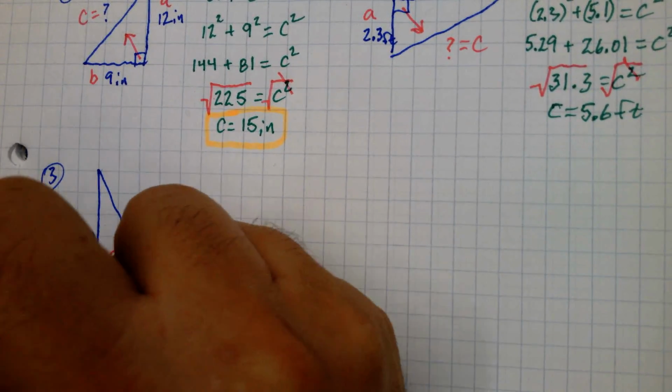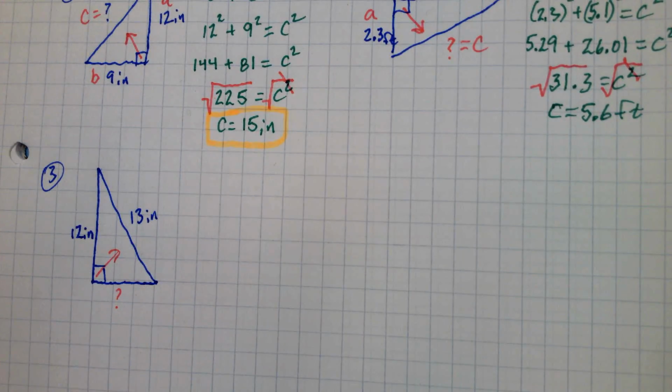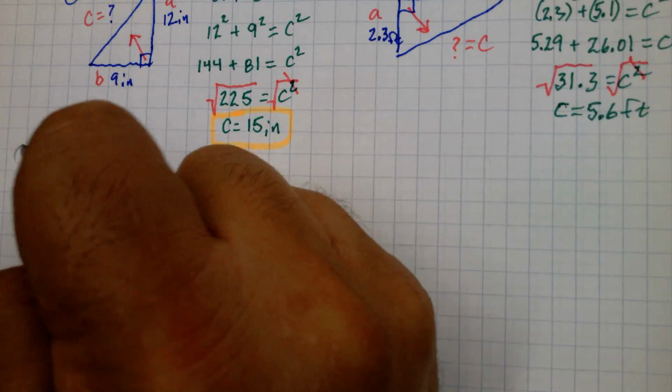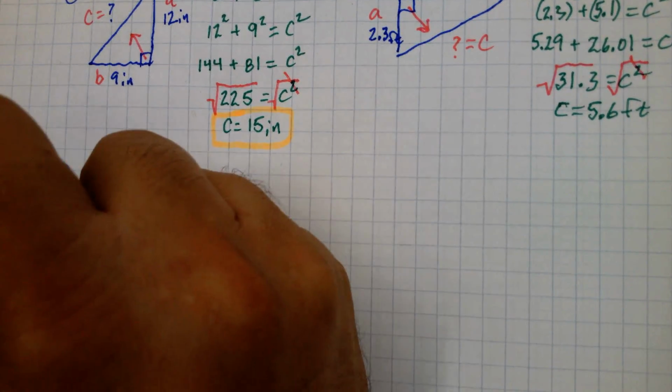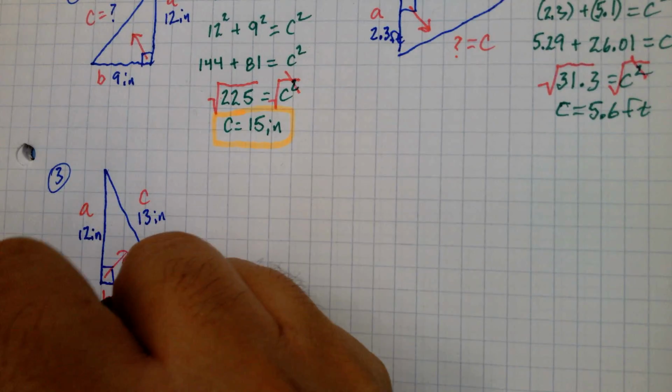Very good. That's your first job. Always look at your right triangle if they give you a picture and say, okay, C has to be the longest side, so it has to be 13. The other side, which one should be A, the unknown or the 12? Okay. So B is the one we don't know.